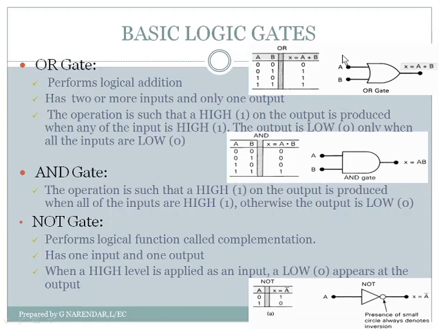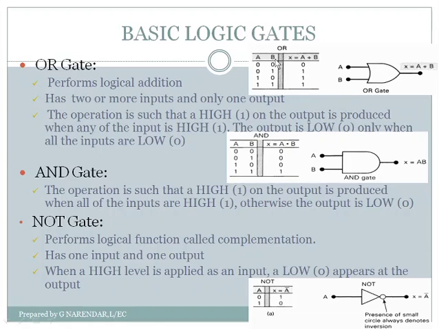The behavior of this OR gate can be shown by using a truth table. How is the truth table constructed? In the truth table, on the left hand side, we show the inputs, which can be two or more in general, and here we have only two variables since this is a two input OR gate.